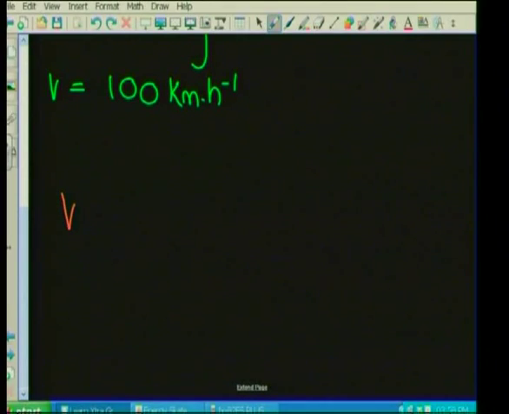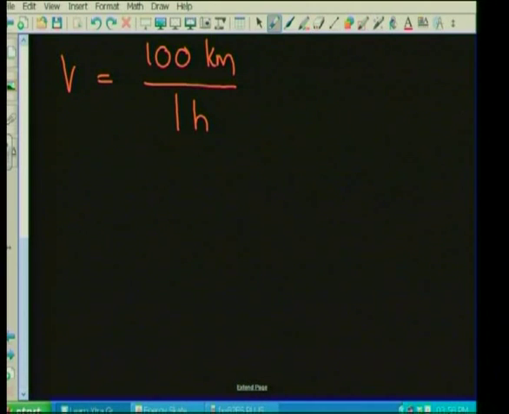So my velocity, they said to me, was 100 kilometers in 1 hour. Okay, that's what per hour means. We need to convert this to meters per second. So let's think about this. If I convert kilometers to meters, I must times by, hope you're all screaming at me, 1,000, because there's 1,000 meters in a kilometer.